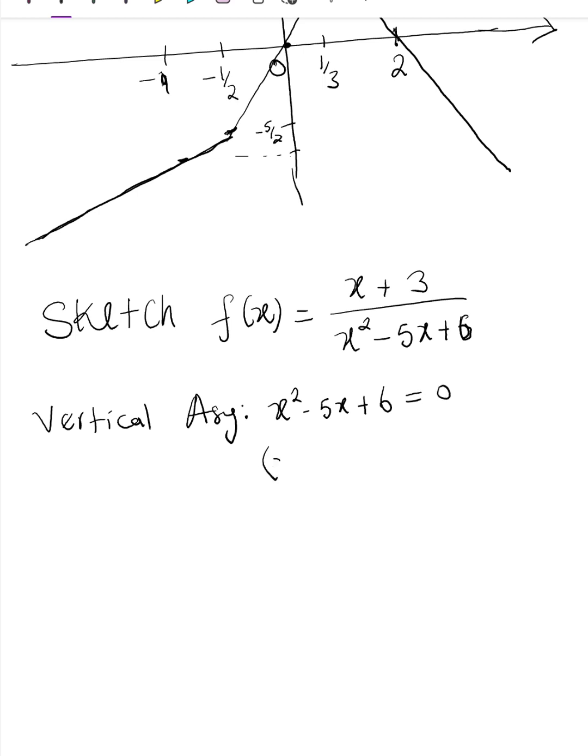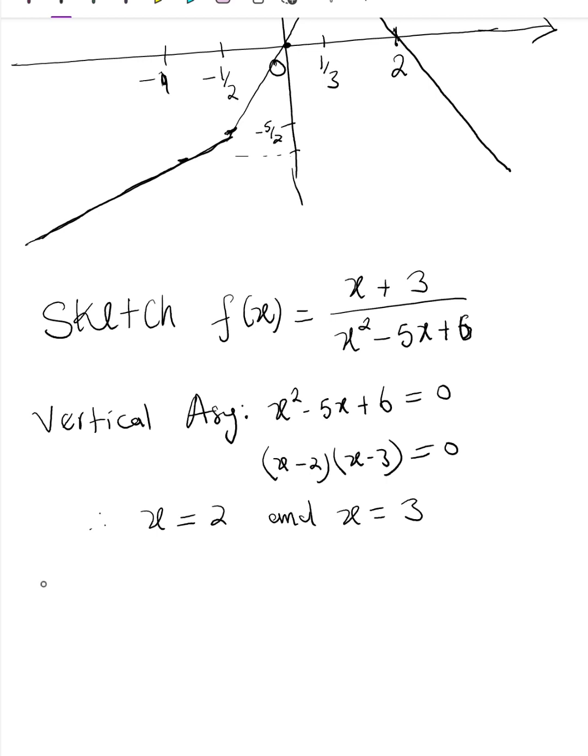I can factorize this as x minus 2 times x minus 3 is equal to 0, because negative 2 minus 3 is negative 5, and negative 2 multiplied by negative 3 is positive 6. Therefore, the vertical asymptotes are x is equal to 2 and x is equal to 3.